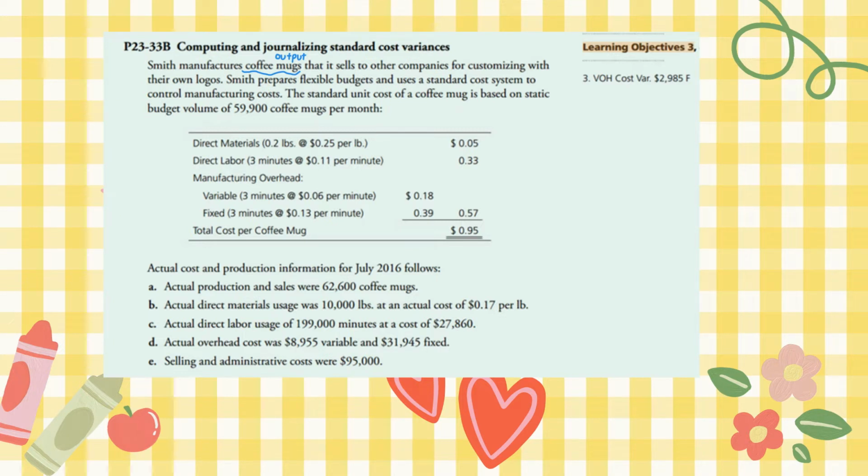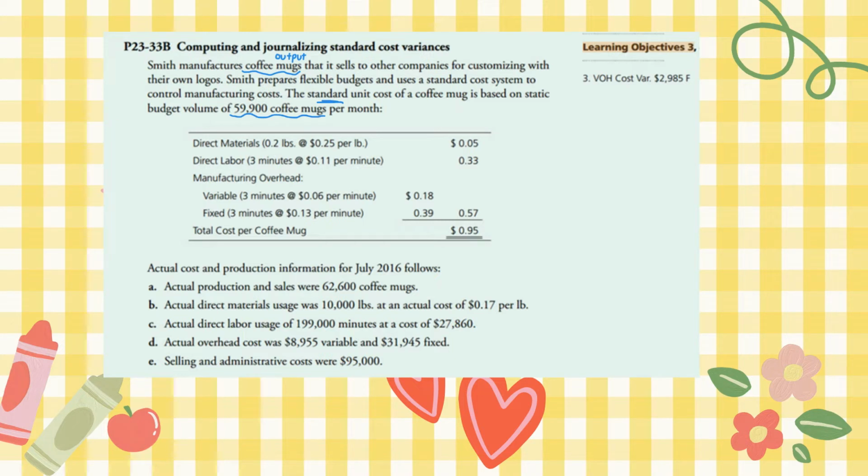Smith prepares flexible budgets and uses a standard cost system to control manufacturing costs. The standard unit cost of a coffee mug is based on a static budget volume of 59,900 coffee mugs. So when he says standard, it means budgeted.